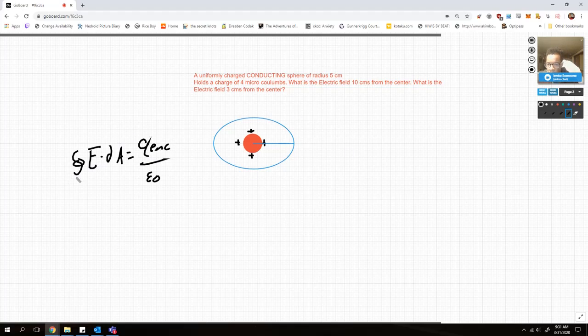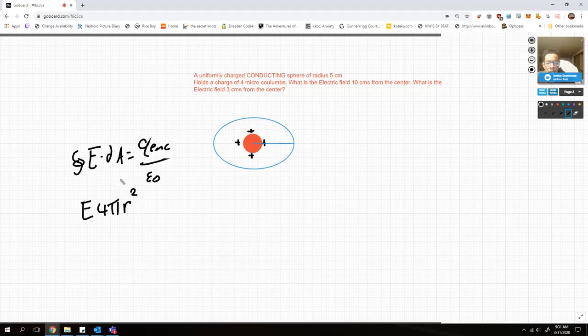So my integral is going to turn into E times 4 pi lowercase r squared. And what's important to remember is that this is going to be the radius of my Gaussian sphere. So this r is going to be 10 centimeters.